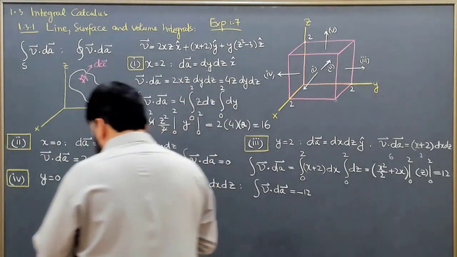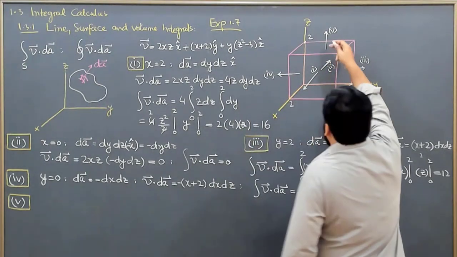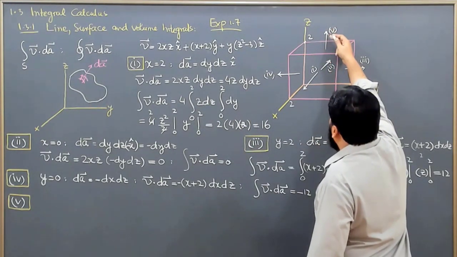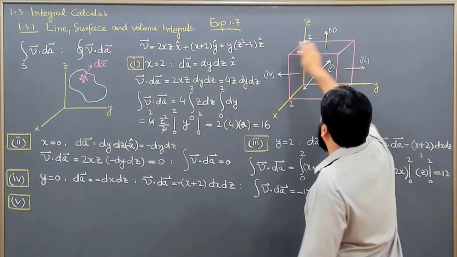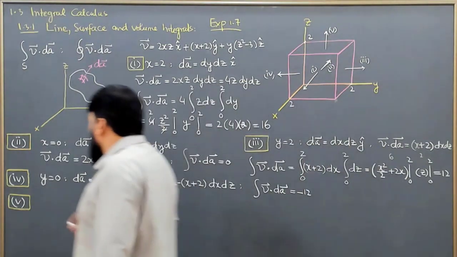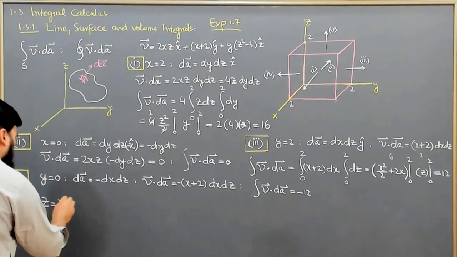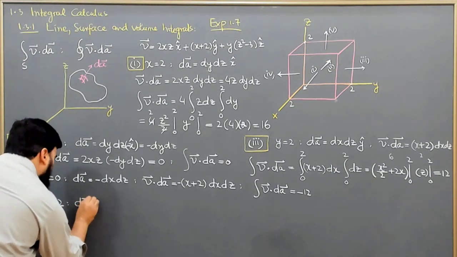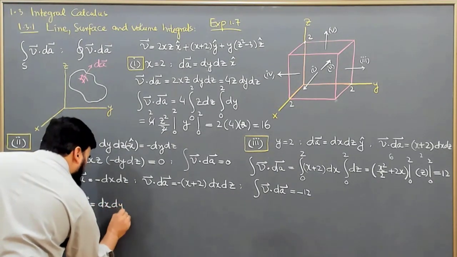And similarly we calculate phase 5 as well. Now phase 5 is along the z direction, so it is the dx dy plane along the z axis. So z is equal to 2 on that plane, and the area element dA is equal to dx dy here.